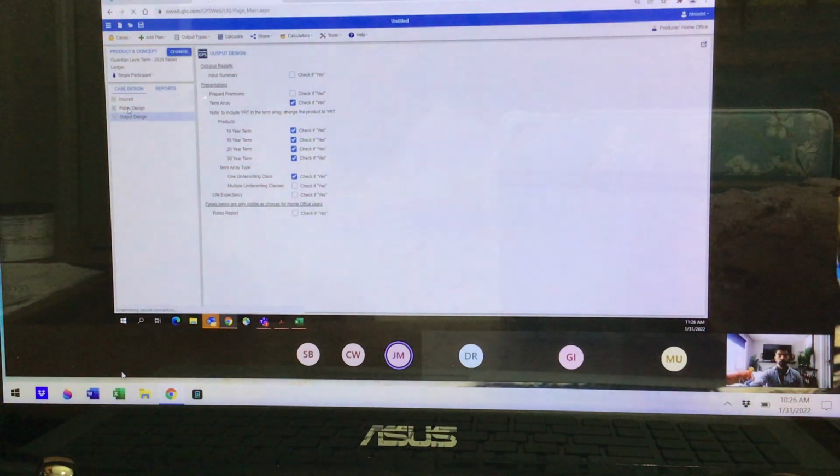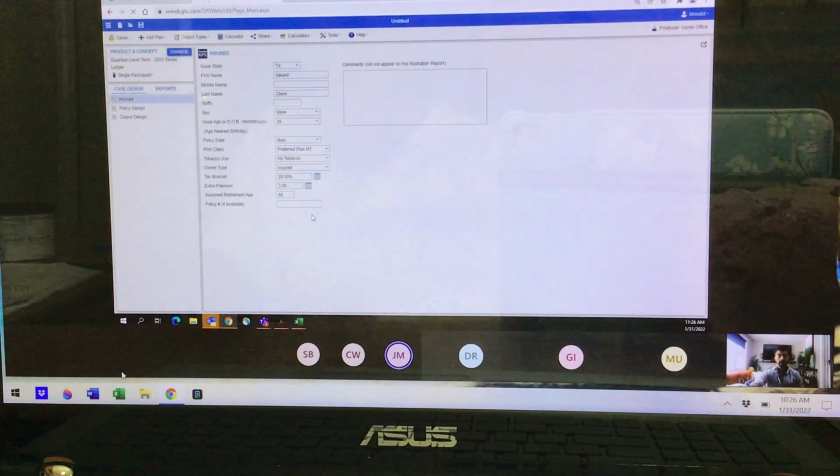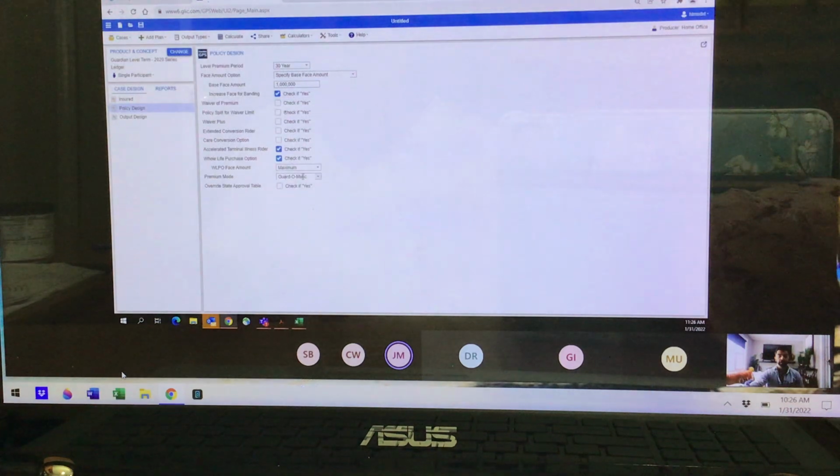Oh, and just going back to policy design, right here, premium mode, take that off. Premium mode, we have annual, semi-annual, quarterly, and Gardomatic. Gardomatic is what we call our monthly. By and large, GOM or monthly and annual are the two more popular options. We stray away from semi-annual and quarterly, because those have the greatest percentage of lapses, and B, they're actually going to cost you more.